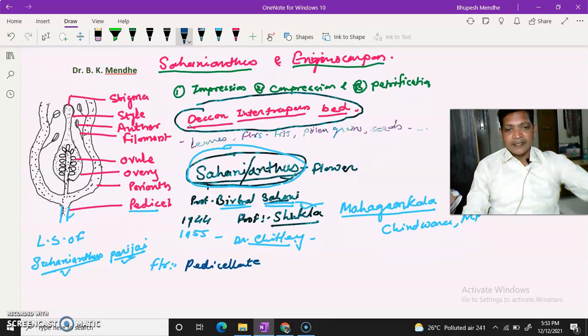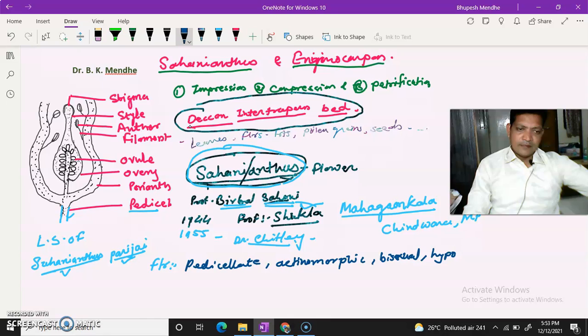It was actinomorphic, means a regular flower, bisexual, both sex organs present, right? This is the gynoecium and these are the androecium. And hypogynous, with the ovary superior.